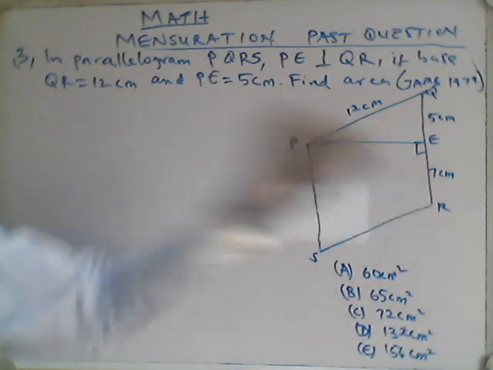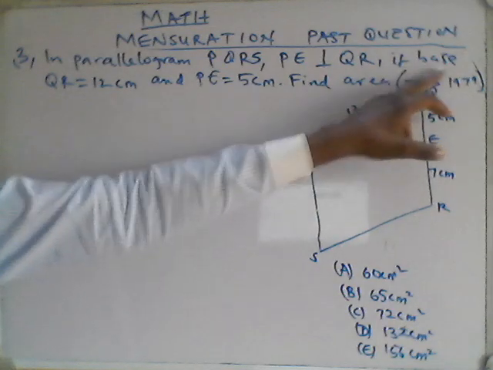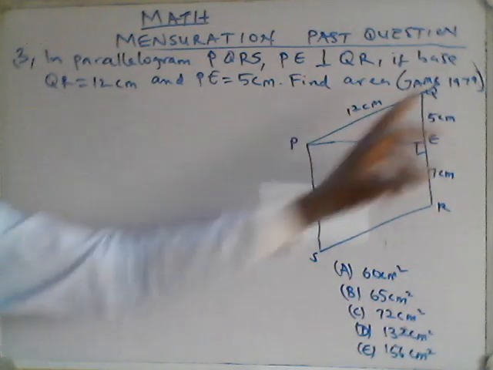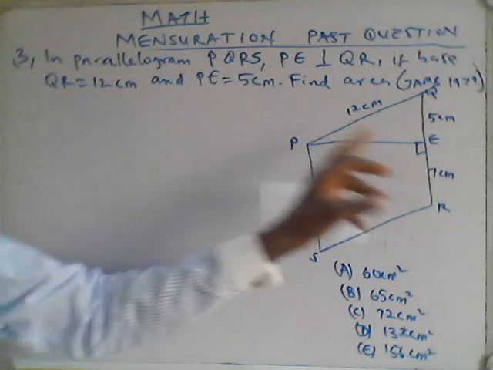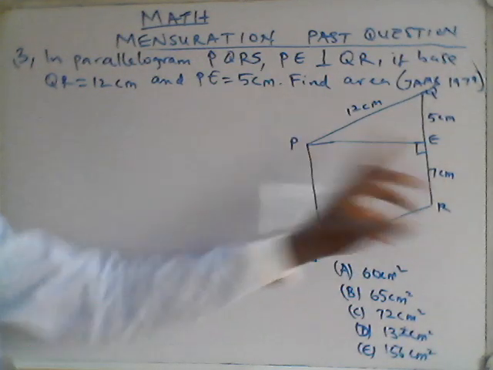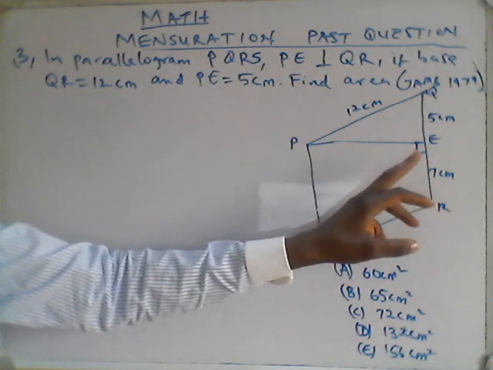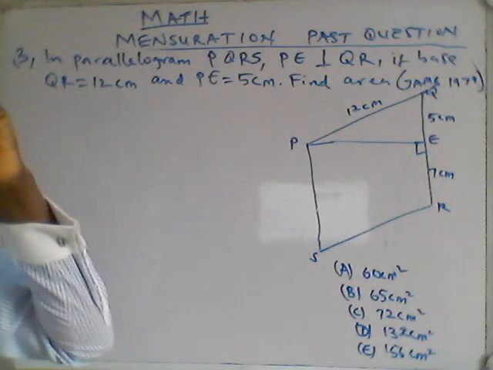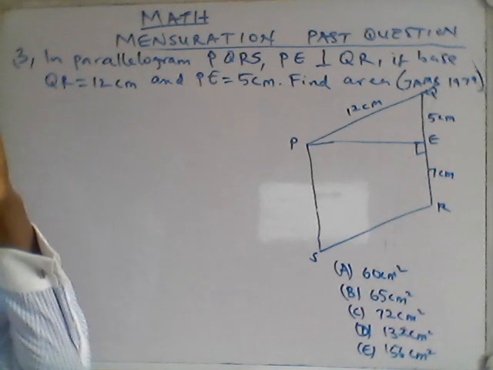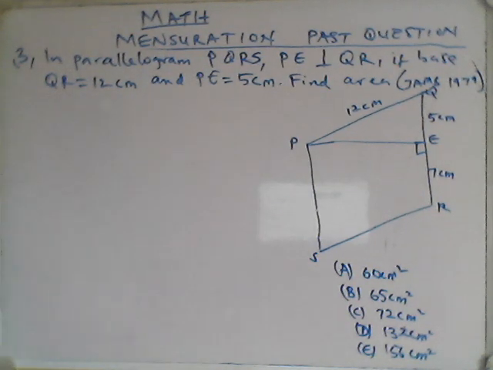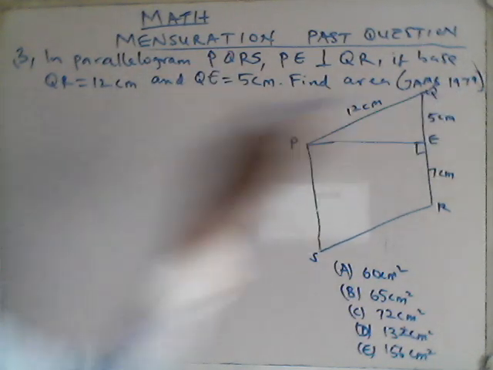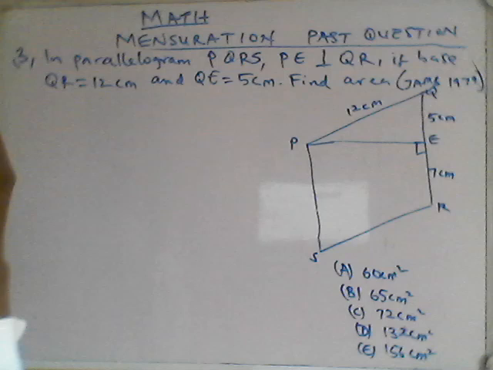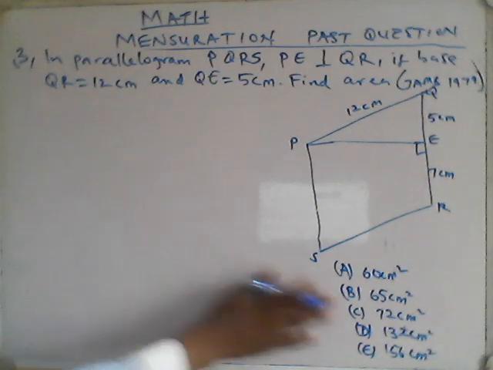So if base QR is 12, and PE is 5 cm. Find, not PE, QE, that's QE is 5 cm. Find the area, right? So these are the options.